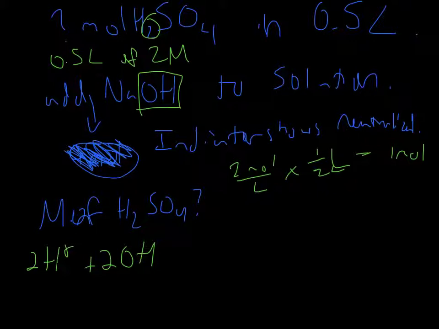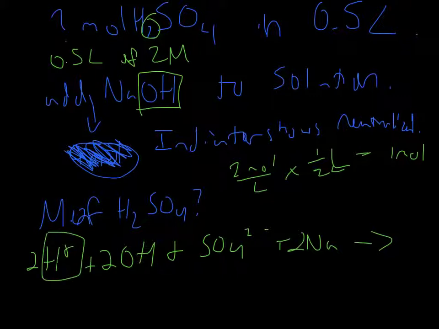Plus the SO4 2-, plus the Na, we need 2 of those to neutralize. So this is just a neutralization reaction. You don't really need to understand what's happening now, but that one is called a hydronium ion, and that one is called a hydroxide ion, and that's what determines the acidity or the basicness of a solution.